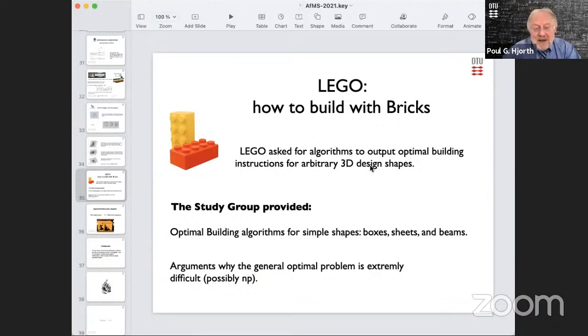So Lego essentially asked whether you could, if you knew the shape of your Lego construction, convert this shape to an optimal algorithm so that there was no question that the building instructions that you put out in the Lego kit are optimal.